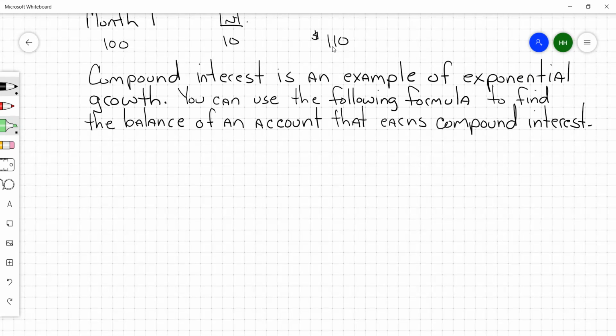So we've got A equals capital P, left parenthesis, 1 plus lowercase r over lowercase n, close parenthesis, raised to the lowercase n times t power.